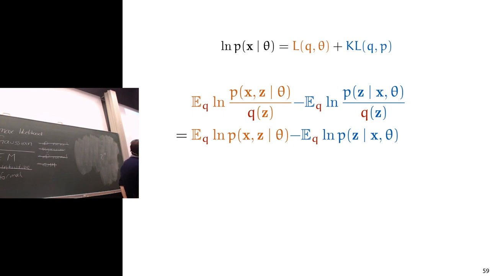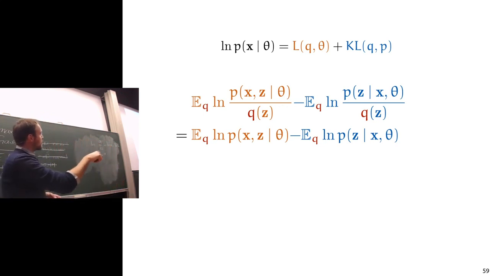So the first thing we can do is take this logarithm. The logarithm of one thing divided by another thing is just the logarithm of that thing minus the logarithm of the other thing, right?